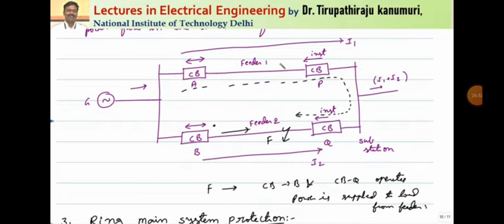Now feeder 1 is designed to operate for a particular current. For a little bit of time it will operate at an overload, and the operator who is operating the substation will know that some section is disconnected. So he can disconnect some of the load so that the overloading on this feeder is relieved. So continuity of supply is not interrupted using this.